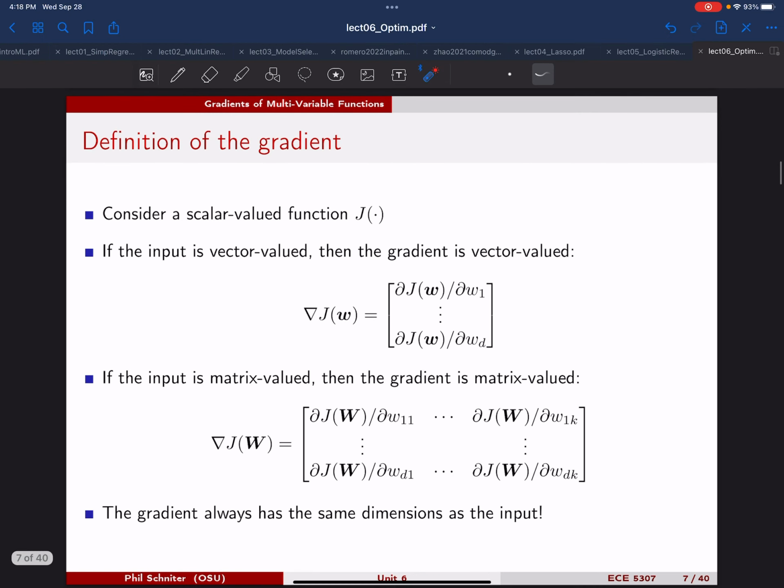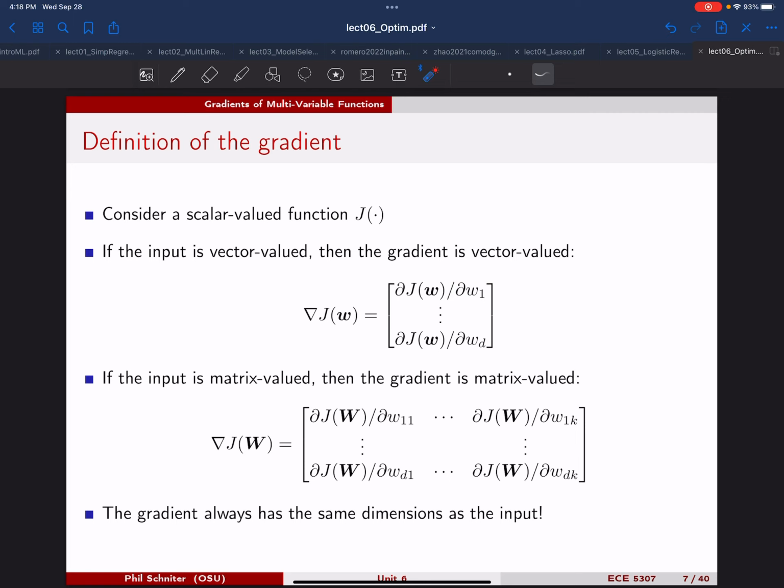Let's start with the definition of a gradient. We start again with a scalar valued function of one or more inputs, and those inputs could be organized as a vector. So this is a function of a vector, and the gradient, this upside down triangle, of the function j at the point w is a vector of the same size as w, where each term is the scalar partial derivative with respect to the corresponding entry of the vector.